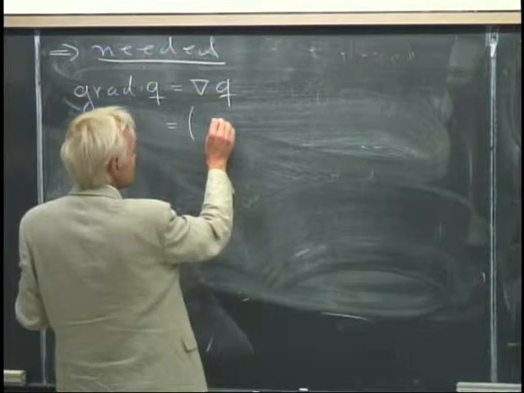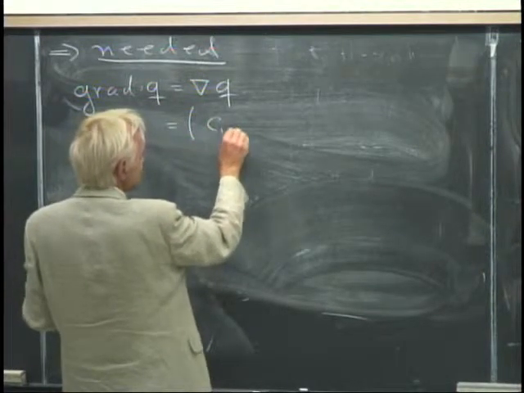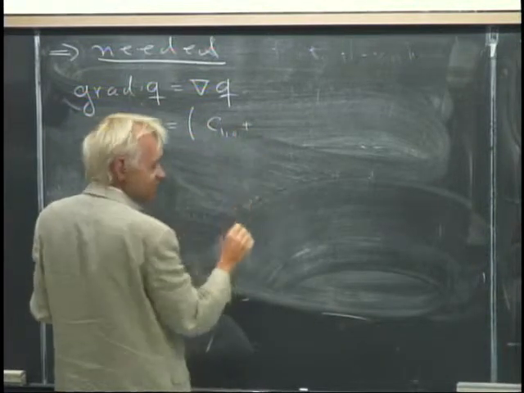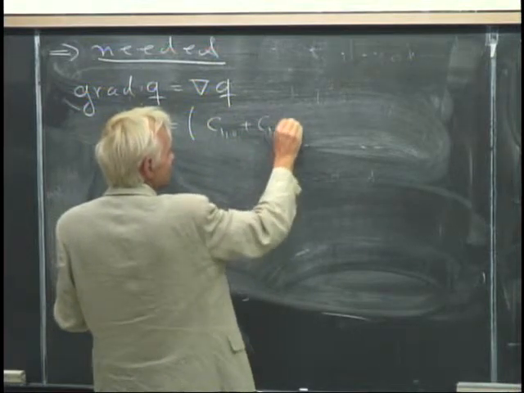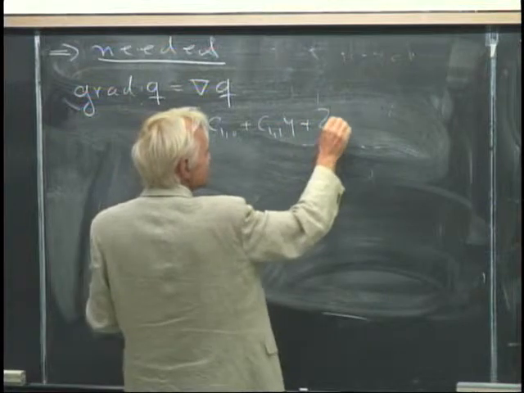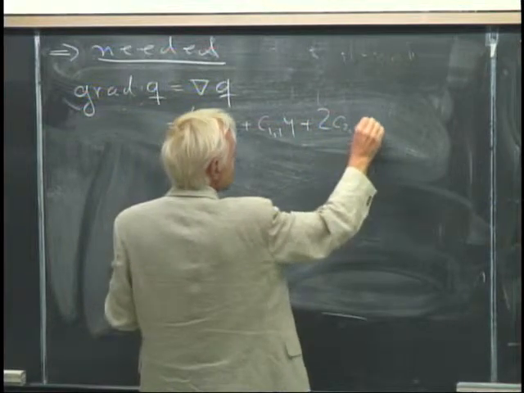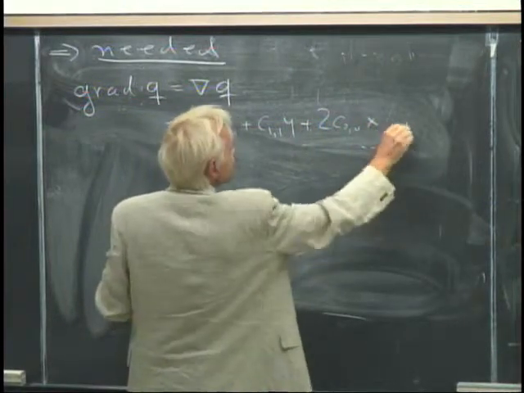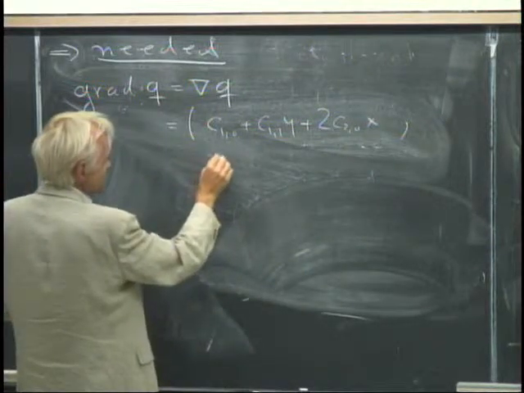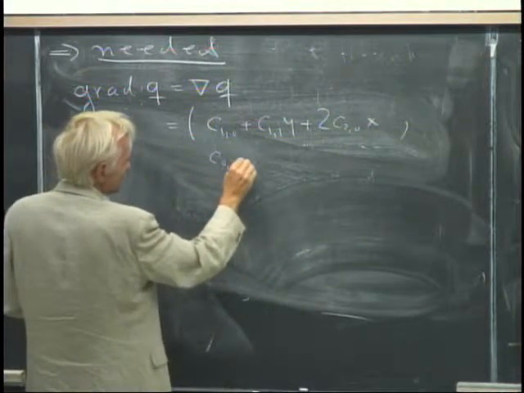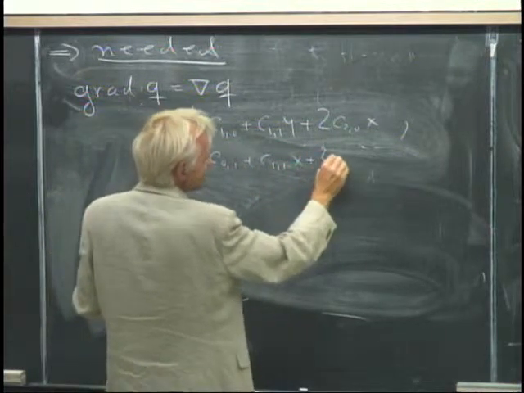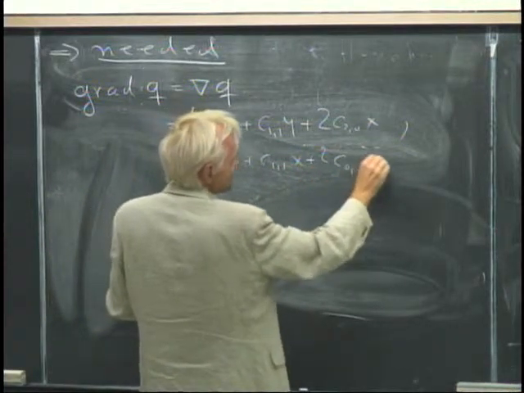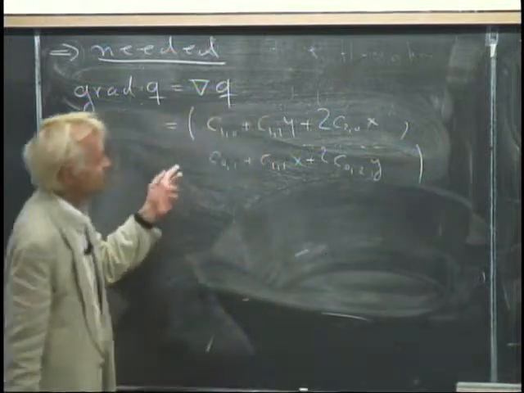When I differentiate with respect to x, I get c1,0 plus c1,1 y plus 2 c2,0 x, right? All right. That's the first component. The second component is c0,1 plus mixed term c1,1 times x plus 2 c0,2 times y. So that's the gradient.